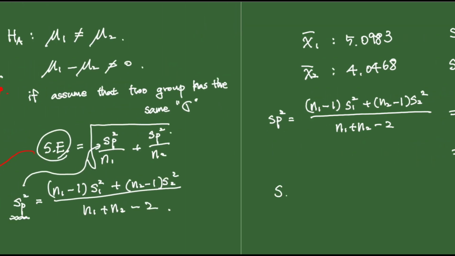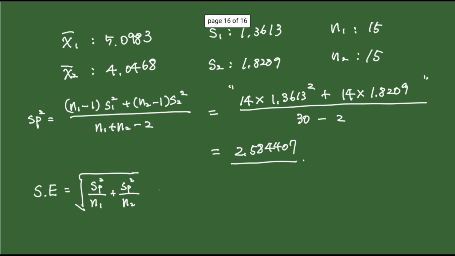And the SE, standard error, is actually the square root of sp squared over n1 plus sp squared over n2. So we have 15 for the number of data, so we have 2.584407 multiplied by 2 over 15, take the square root.